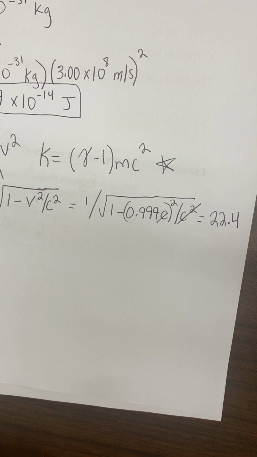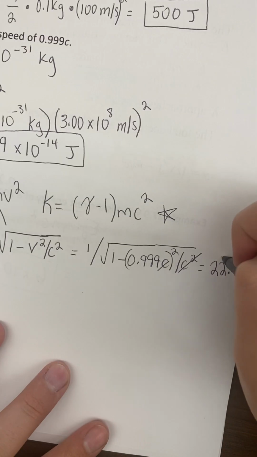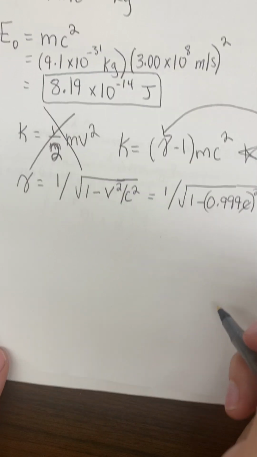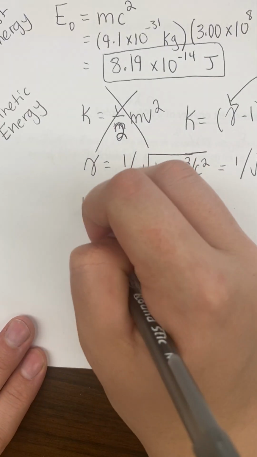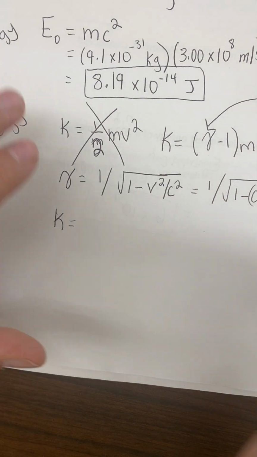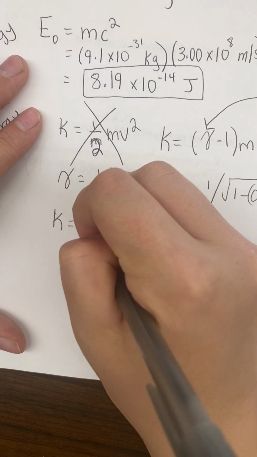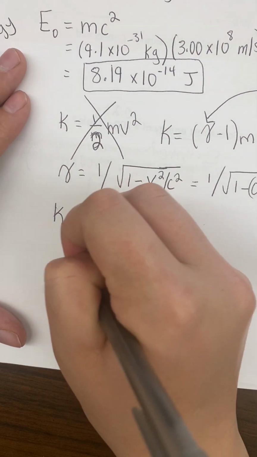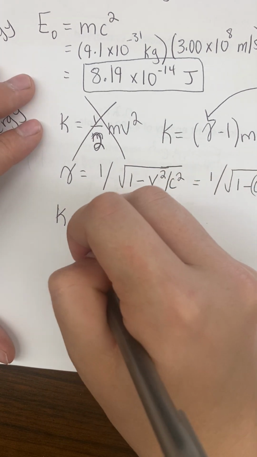Okay, so now we have that number to plug into our kinetic energy formula. So that would be K equals (gamma minus 1) mc squared. We found gamma, it was 22.4.